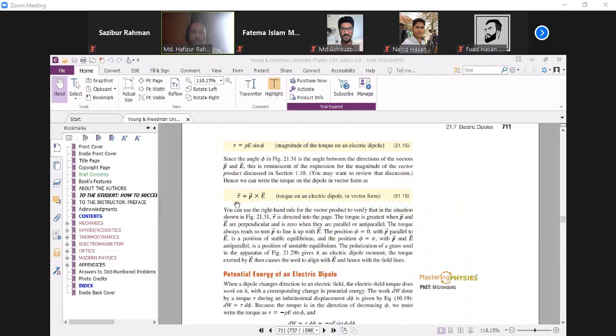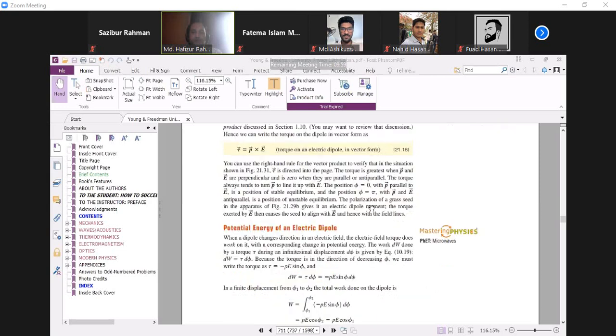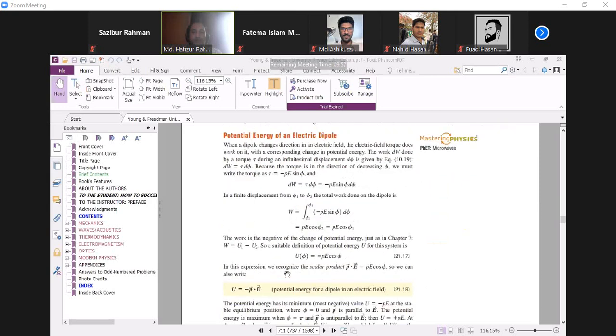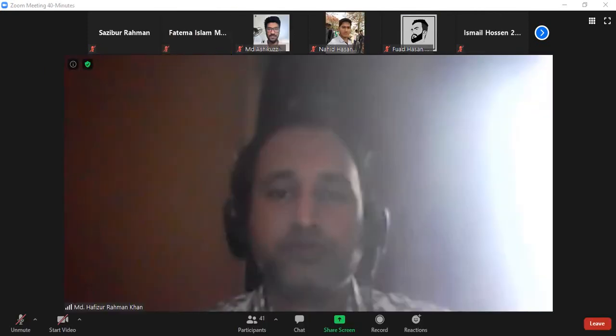This is the equation for torque, which is represented by tau. And we'll also find the potential energy U. These derivations will take a lot of time to explain, so I will start these derivations in the next class.